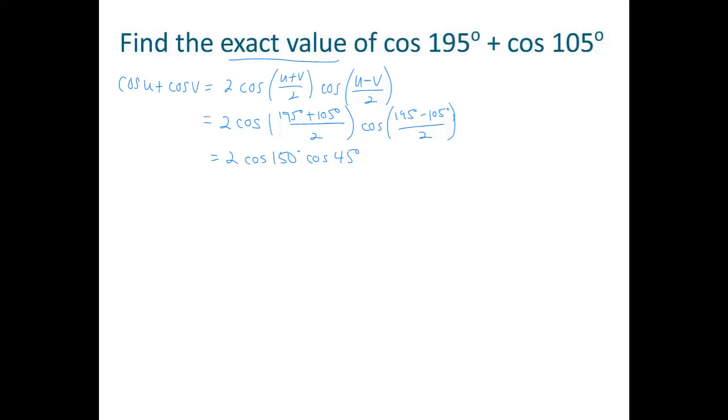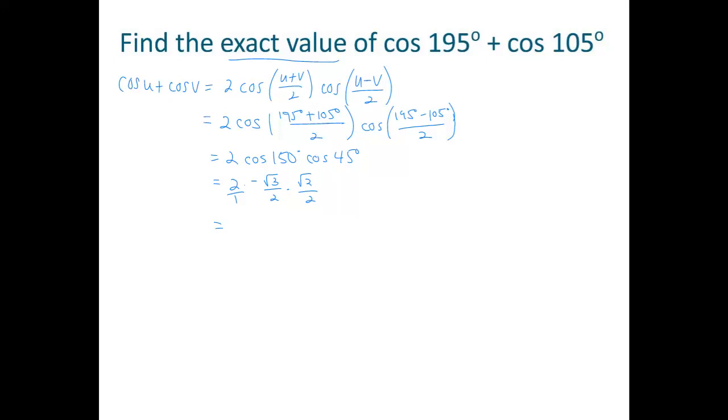So something that looked pretty intense, or something that we couldn't potentially solve at the beginning, now we can, and we just have to find two trig values. So 2 times cosine at 150 would be negative root 3 over 2. And cosine at 45, that's root 2 over 2. Using our algebra skills, make note here, this first 2 is a 2 over 1, so we do have fractions everywhere.